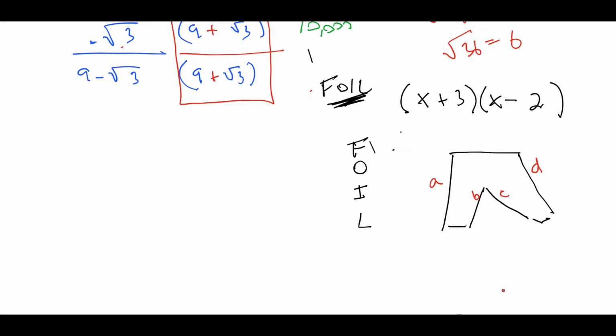B and C. So if you see this as A, B, C, D, which ones would be the inner numbers? 3 and X. Good. Which ones would be the outer numbers? X and -2. Good. So this is your inner, and these are your outer.